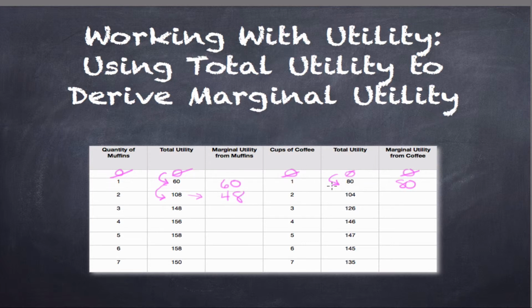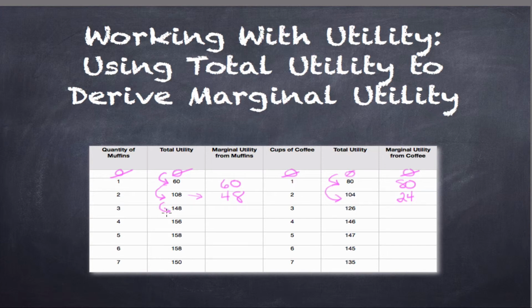The second cup of coffee results in Danny experiencing 104 utils of total satisfaction after the second. Well, after the first, he demonstrated 80 utils of satisfaction. The second cup, therefore, the additional cup, the marginal cup, must have delivered 80 plus 24 to get the total of 104. So the second cup brought marginal utility of 24 utils.